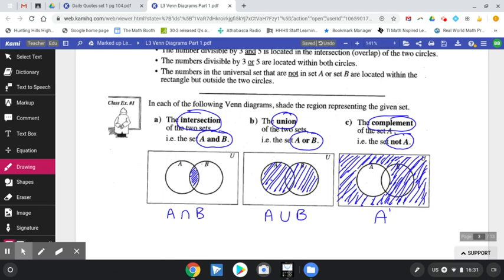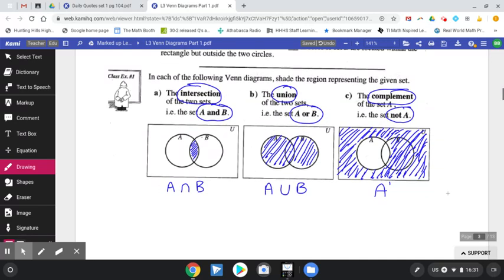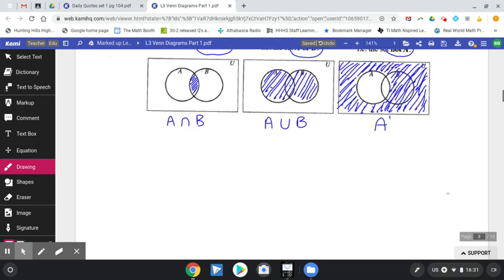All right, so we're going to be doing quite a bit of shading in the next few examples, and in some cases, we'll be shading two different sets. So I find that two different colored pencil crayons work really well, or you could use a blue pen and a red pen. But if you're doing that, make sure you're very careful that you know you're shading in the right region. Don't shade something incorrectly that you can't erase.